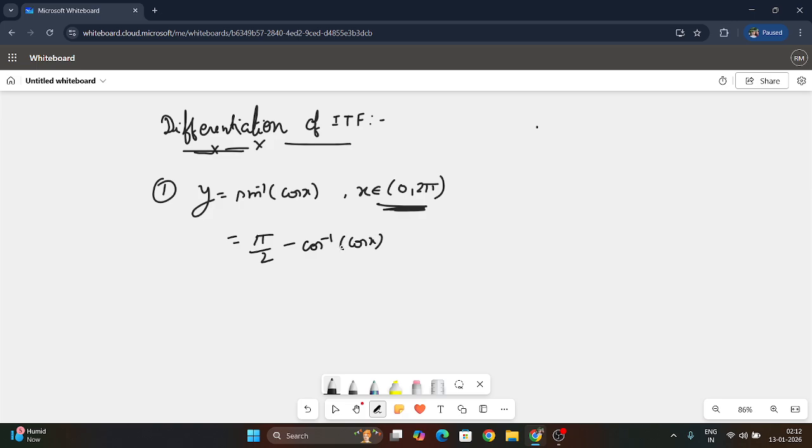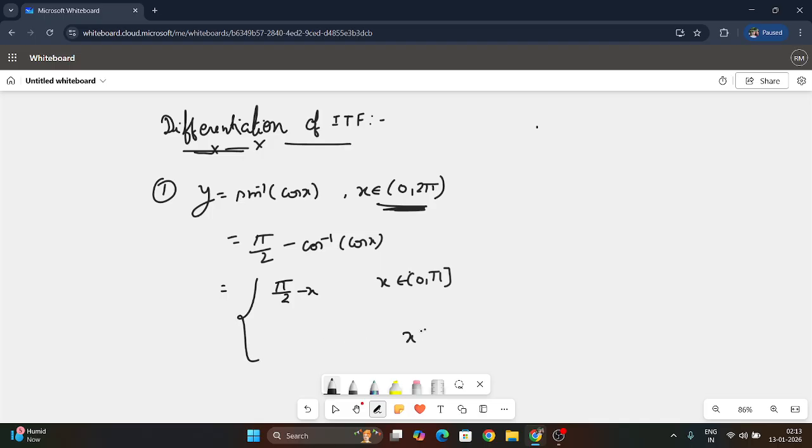Now you can apply the formula. When x belongs to 0 to pi, this is going to be x, so pi by 2 minus x.